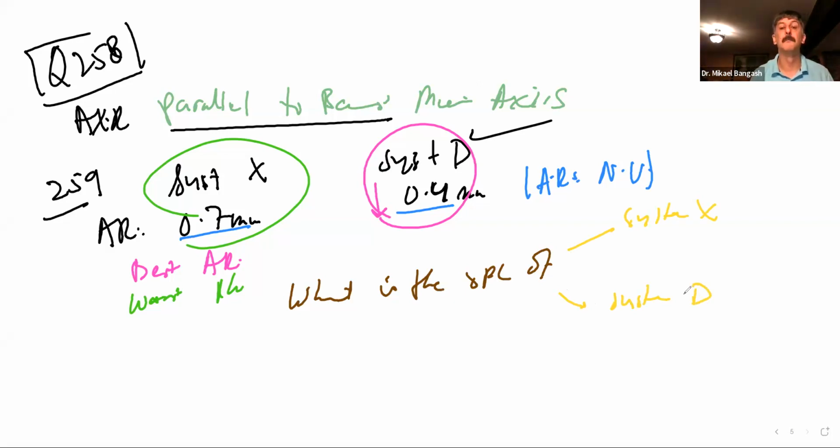Now, how would you get what the spatial pulse length would be? For system X, there's 0.7 to multiply by 2. So it's 1.4 centimeters or 14 millimeters.